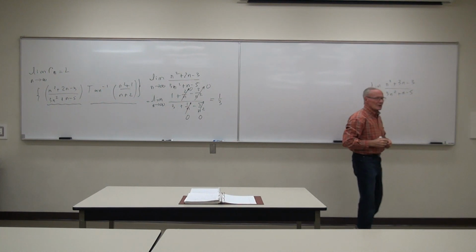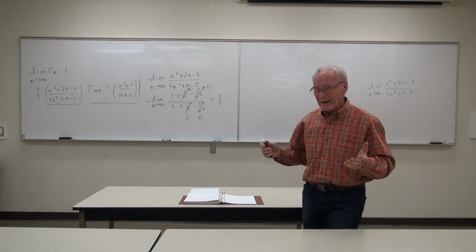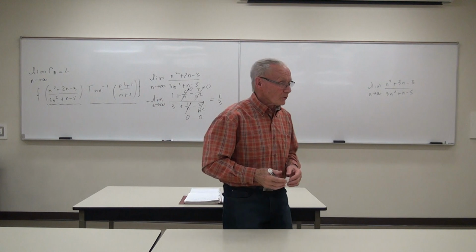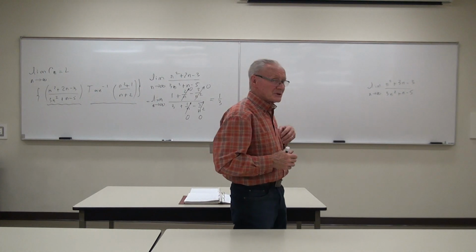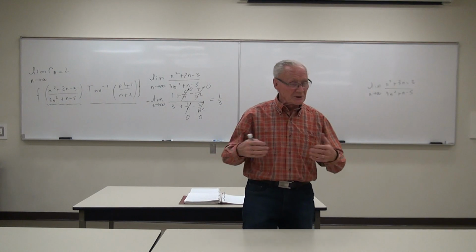You cannot use L'Hopital's rule on that limit. Why? Because L'Hopital's rule involves differentiation. What you do in L'Hopital's rule, it goes for x's, you differentiate the top with respect to x, you differentiate the bottom with respect to x, and get to that limit.